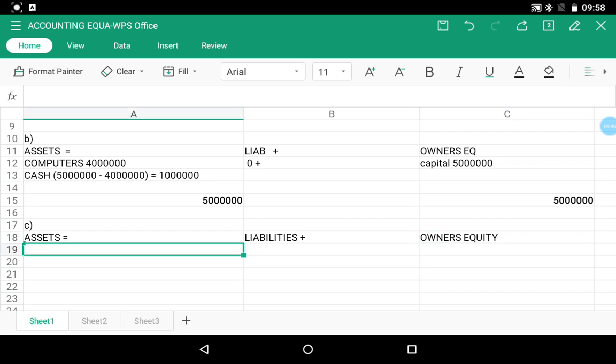So here you received the bank loan from the bank. So we have our bank. You received an amount worth 15 million. So here we have our 15 million. From bank alone, the bank was increasing because it received money. But remember, under assets, we still have our computers, 4 million.